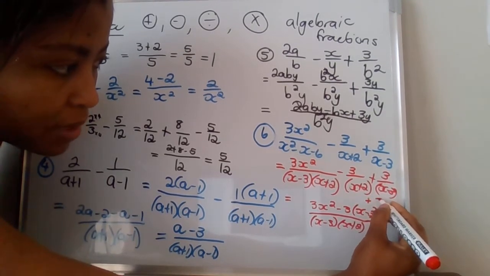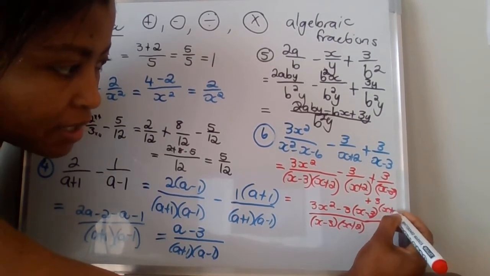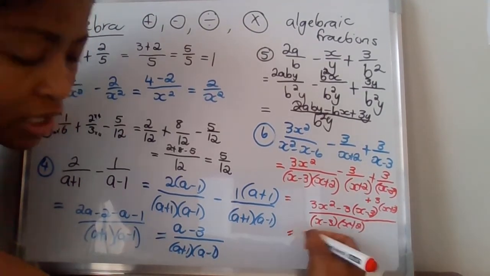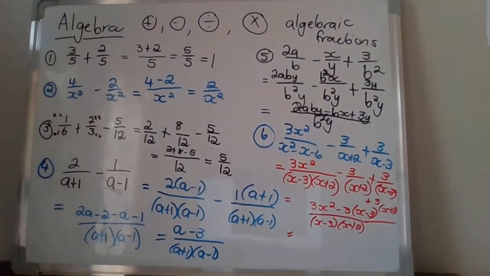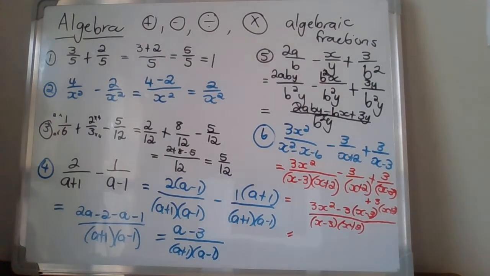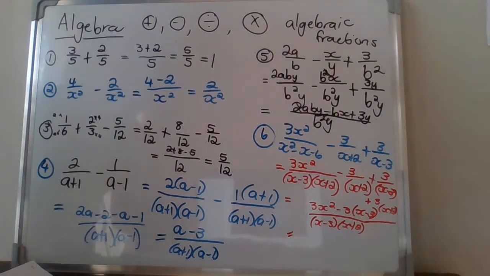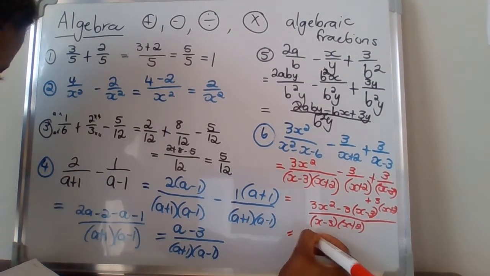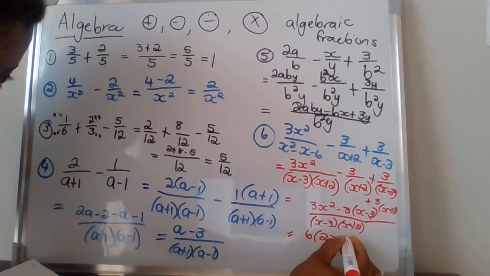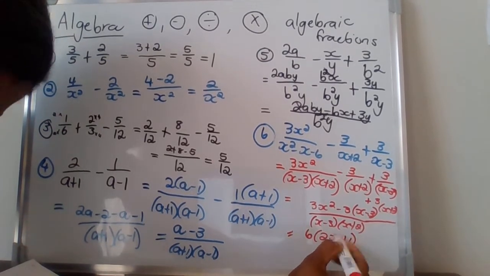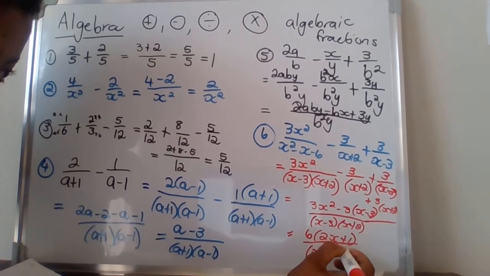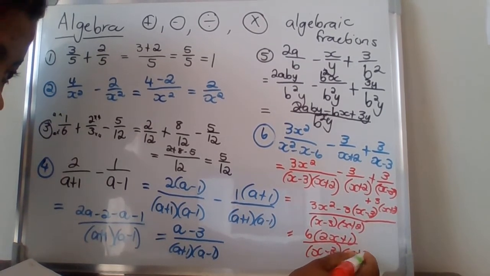I need to multiply it by x plus 2. Okay, so when I work that out, then you will find that the final answer is going to be 6 times 2x plus 1, okay, all over x minus 3 times x plus 2.